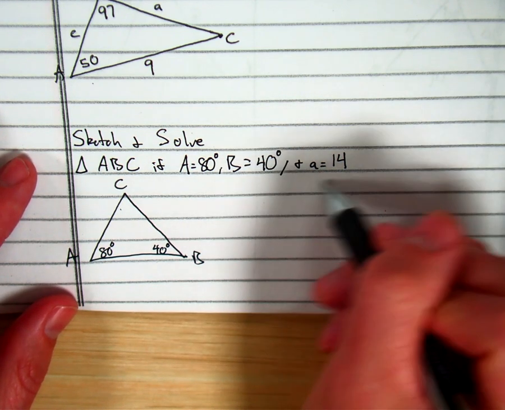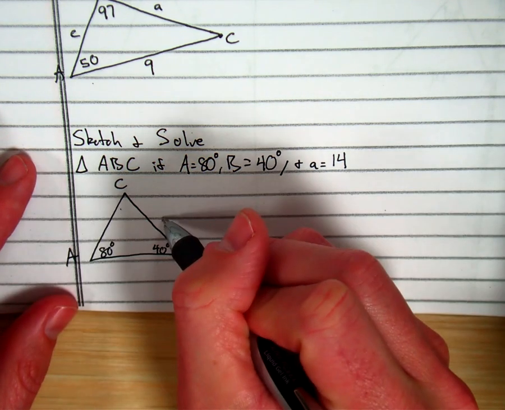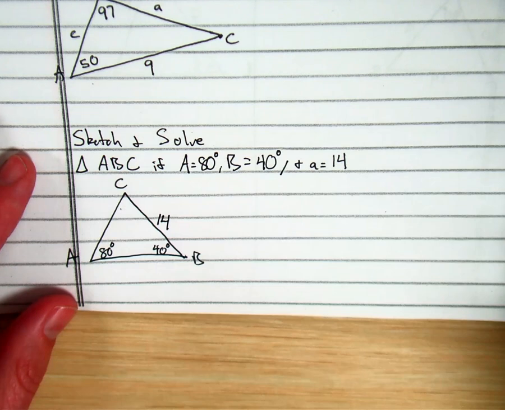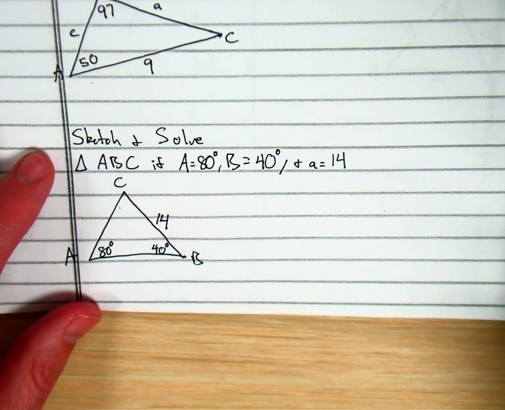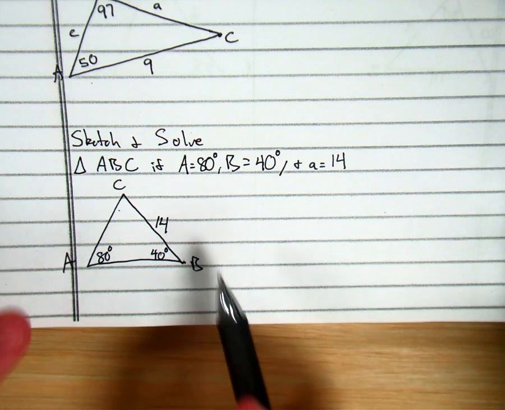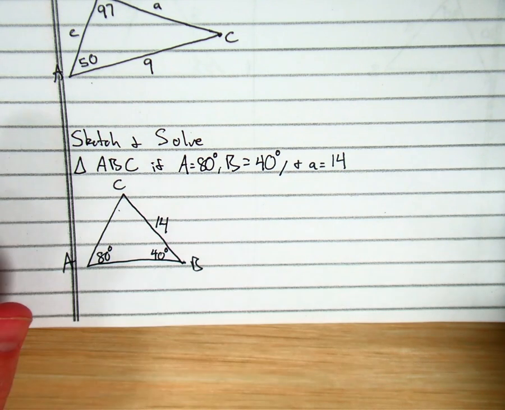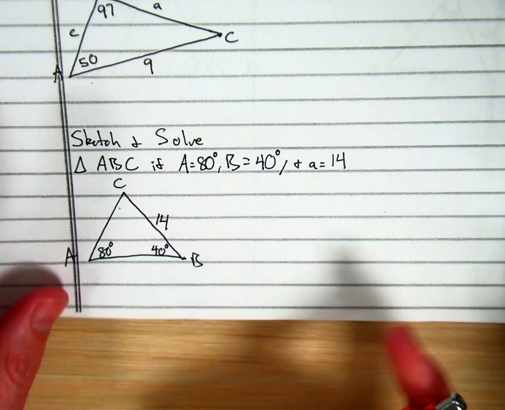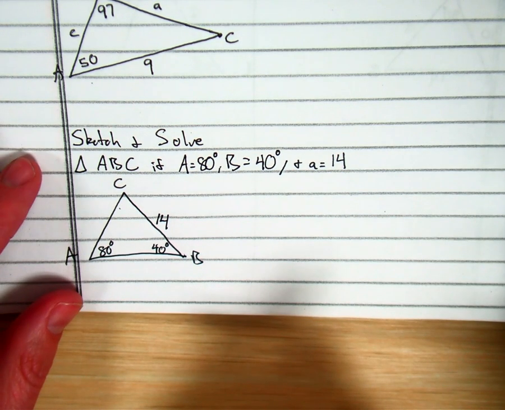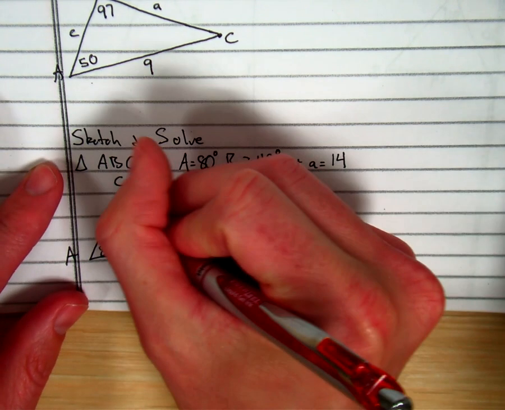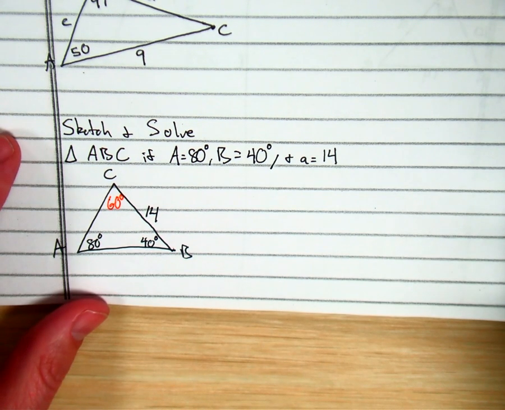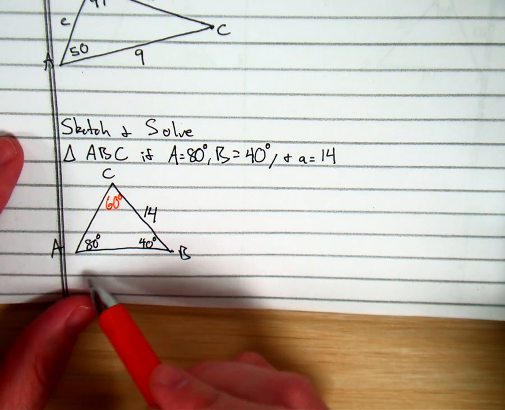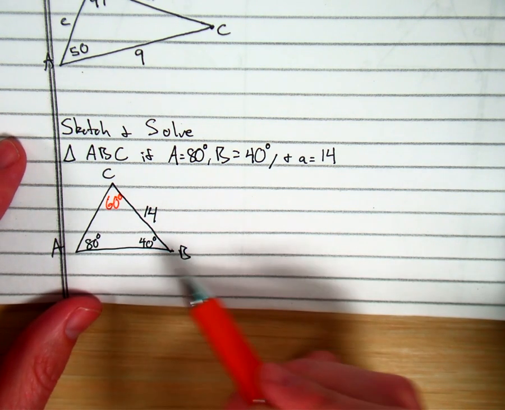Side A, 14. That's across from angle A. First thing I notice, 40, 80, we could do a little triangle math there and come up with our third angle. What is it? 60 degrees for angle C. Now we're ready to find our other two sides.